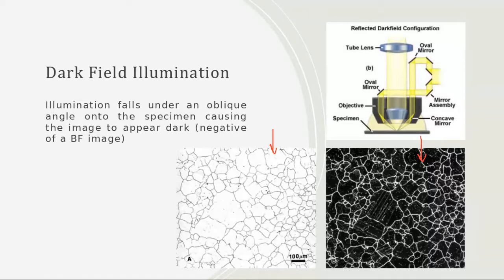And so case in point, when you're looking at this right here, and you compare it to what you're seeing in this image, this waspaloy, since it's a nickel-based superalloy, it'll have an austenitic grain structure, so I should see twin boundaries. Well, in the bright field, you do not see the twin boundaries. The boundary lines themselves are so fine that they're just washed out with the rest of the grain.